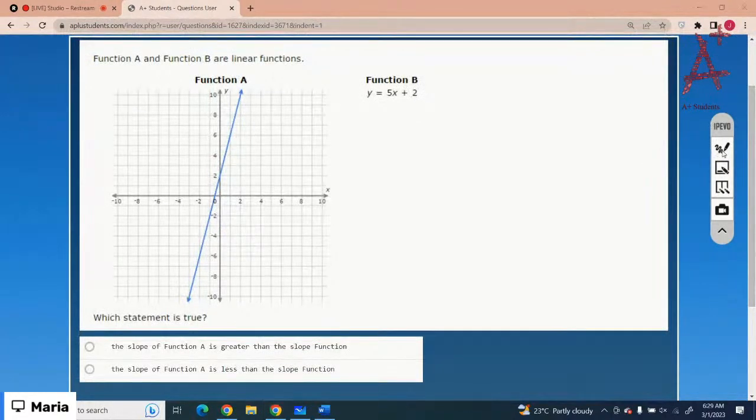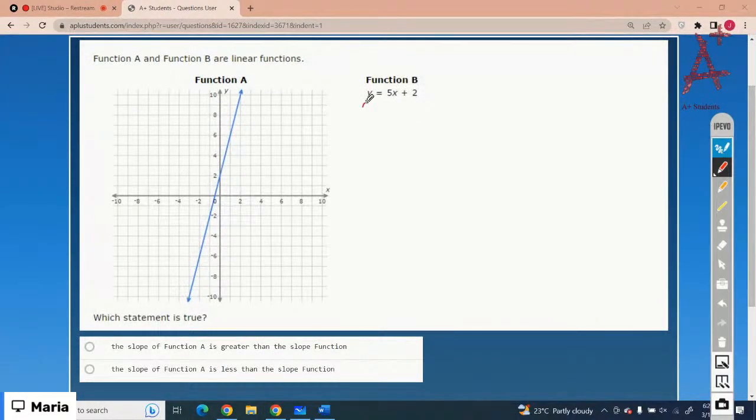Okay, now again just look at the slopes. y equals mx plus b, so the slope of this function is m equals 5. Got it? Now just look at the slope of this function. Just select any 2 points.